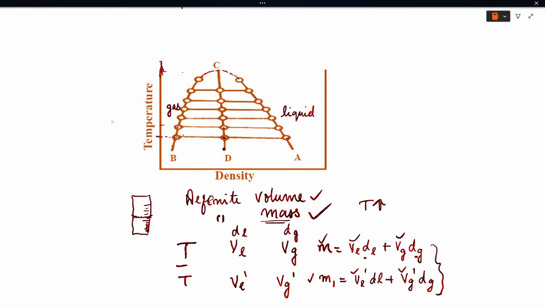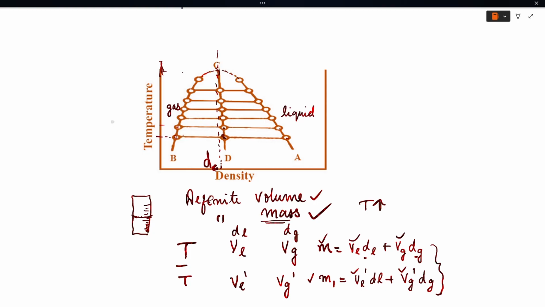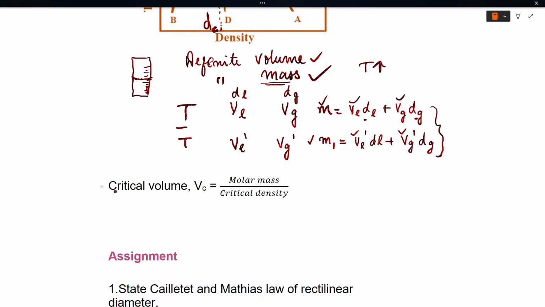I will extend this line because this is a linear one, it is not a curve, and it meets at the point C, and the density value corresponding to the point C will give you the density at the critical state. Hope it is clear. That is, we are going to take the means. Since this is a linear function, I can extend it linearly. It cuts the curve at a point C, and the density corresponding to the point C is taken as the critical density.